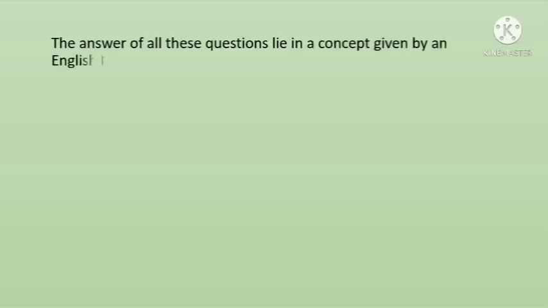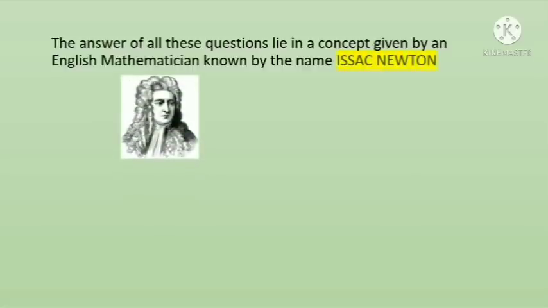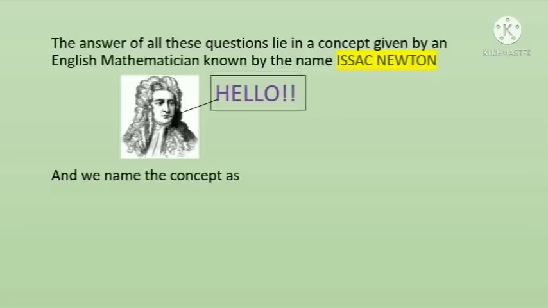The answer of all these questions lie in a concept given by an English mathematician known by the name Sir Isaac Newton, and named the concept as Newton's third law of motion.